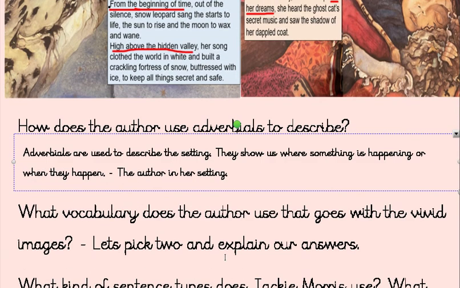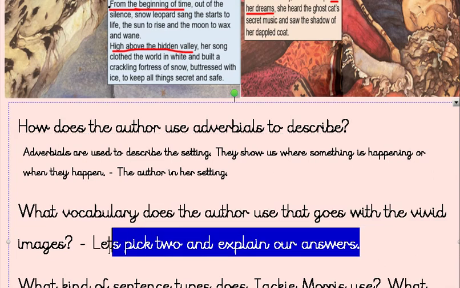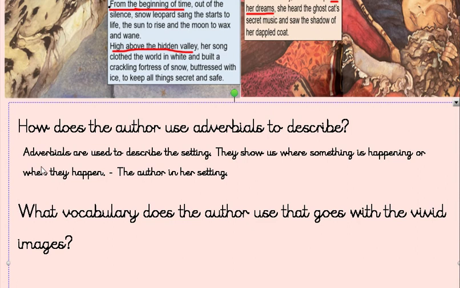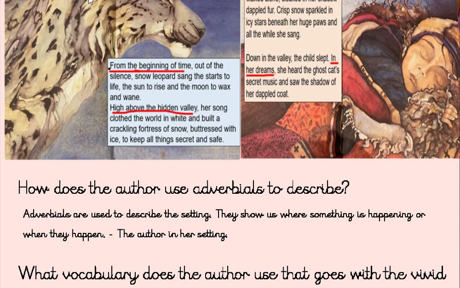Then I want to look at the vivid vocabulary the author uses, and we're just going to pick two examples of some brilliant vivid vocabulary. The first word I'm going to underline in green is buttressed, crackling, and I'm also going to use the word dappled, because I think that's a really interesting word, and there's probably a few words that you don't even know what they mean.